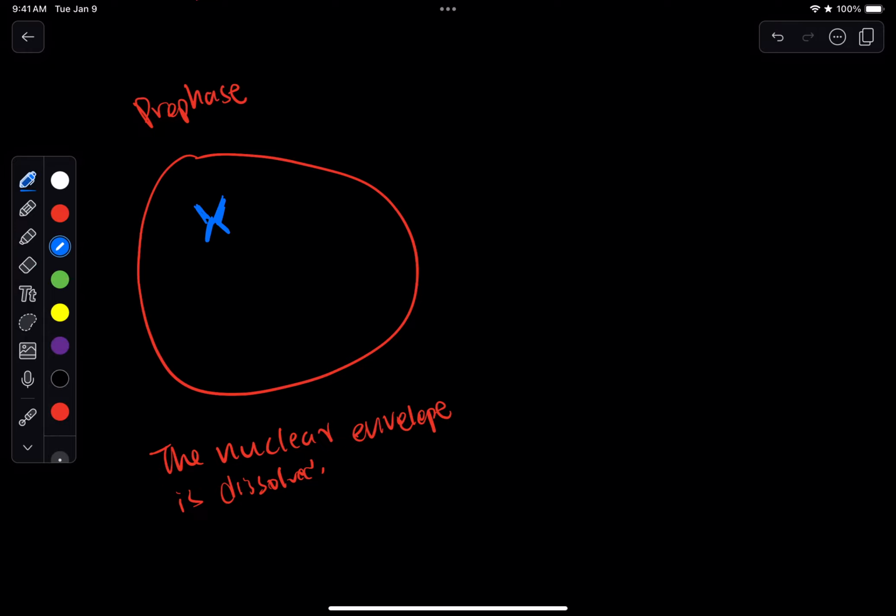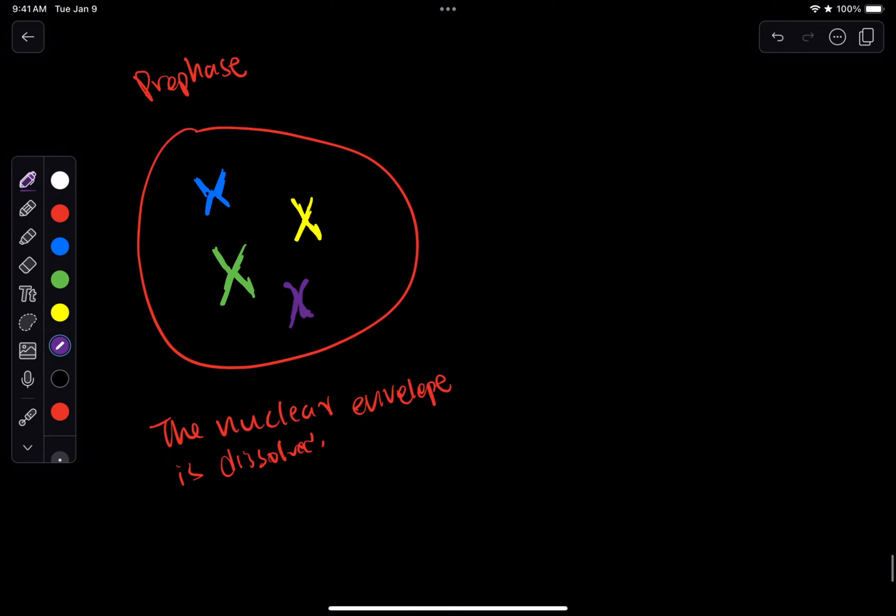These are chromosomes with sister chromatids. They're all different sizes. Some can be big, some can be small. They're actually more like this, but oh well. I'm not an artist.